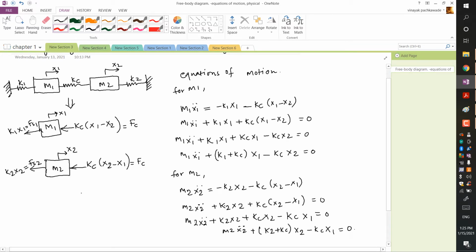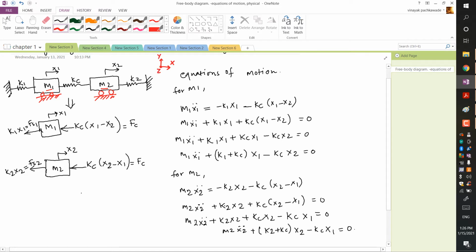Let's say we have two masses, m1 and m2, with this representation, and they have the movements x1 and x2, both moving towards the right. The coordinate system in this case will be x, y, and out of plane z.